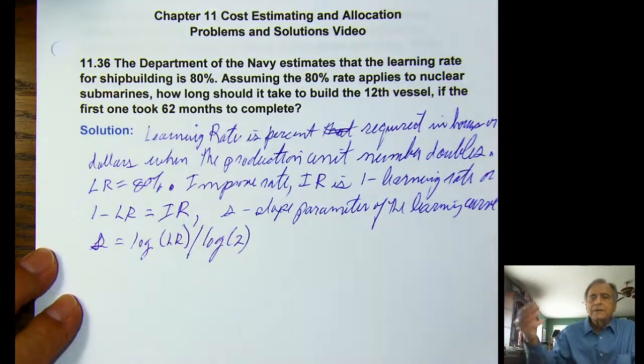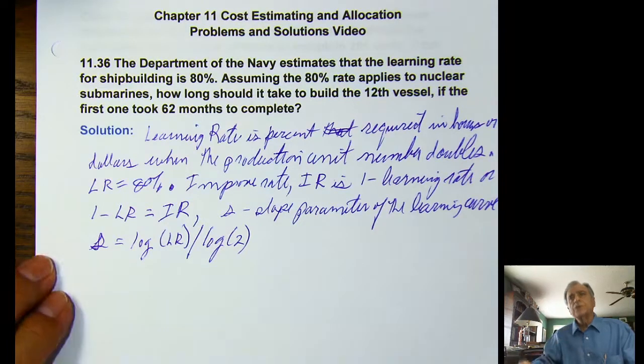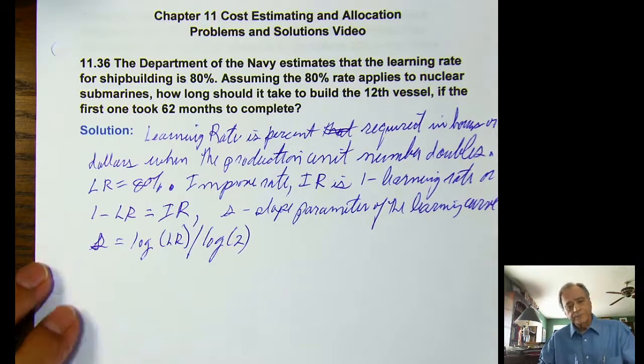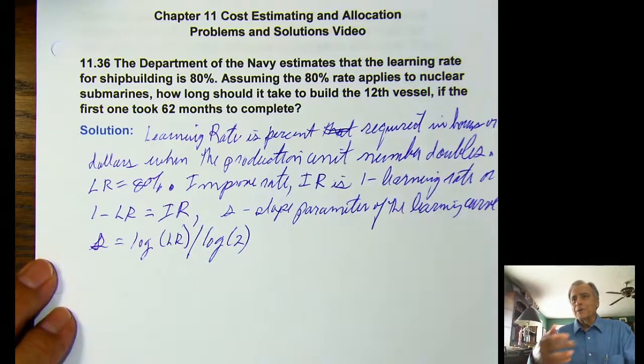And it turns out the author shows you in the textbook that if you plotted the log of the hours or dollars on the vertical axis, and you plotted the log of the unit number on the horizontal axis, you'd get a straight line with a slope of S in that plot. So on log paper, it's the slope parameter of that particular plot.